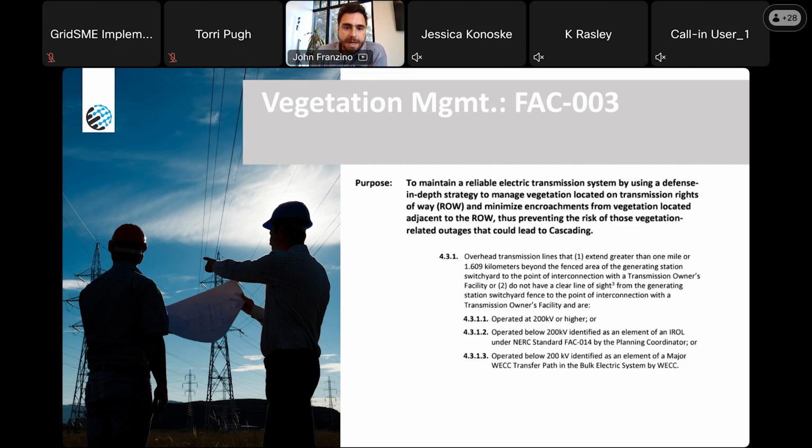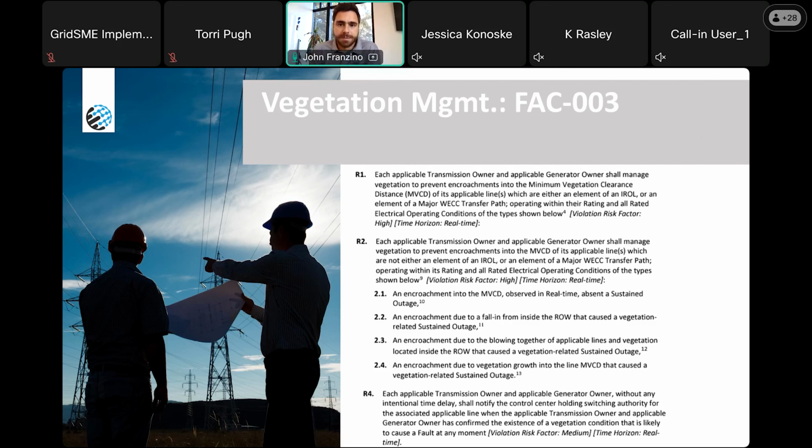Vegetation management, again, is another area where we have experienced many reliability events related to vegetation management issues. So we know we get this question a lot. Well, my facility's in the desert, there's no vegetation, but I do have a gen tie more than 1 mile. It doesn't have clear line of sight. Maybe it does some twists and turns, etc. Do I really need a vegetation management program?